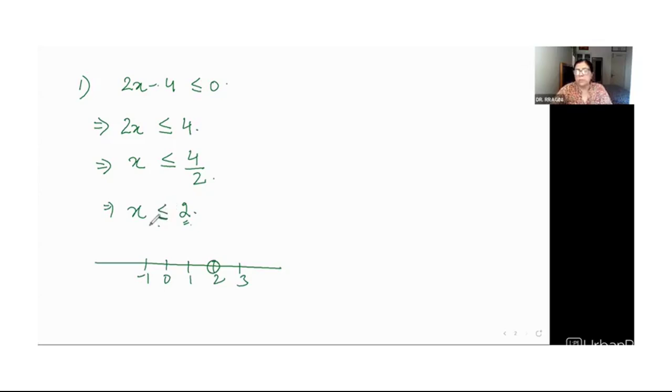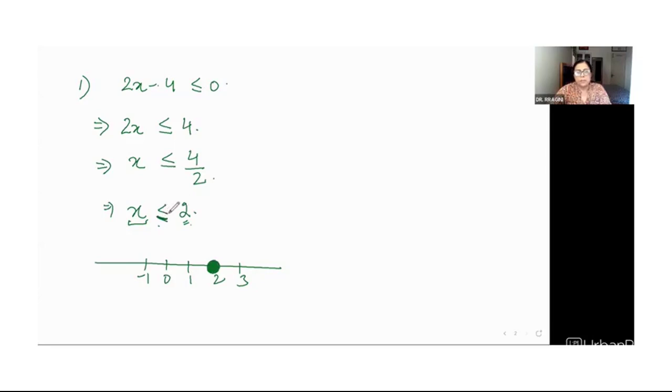If you have an equal to sign along with less than or greater than, then you darken that circle, the point you have marked. Now check whether we have to go to the left of it or to the right of it. x is less than or equal to 2, so x can be 2 also. Equal to 2 means the value of 2 is included here, so we have darkened it.